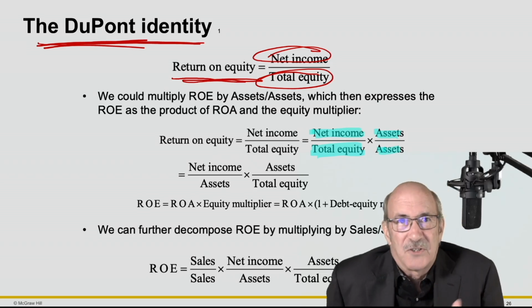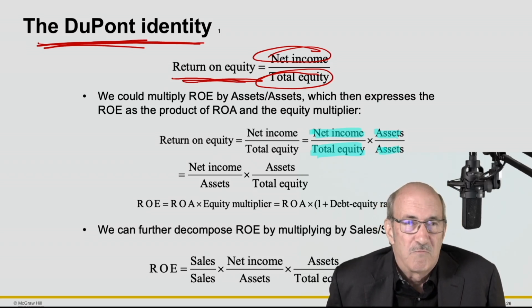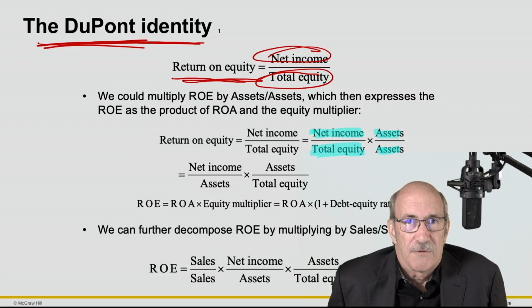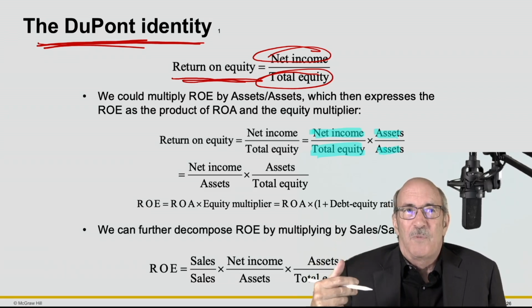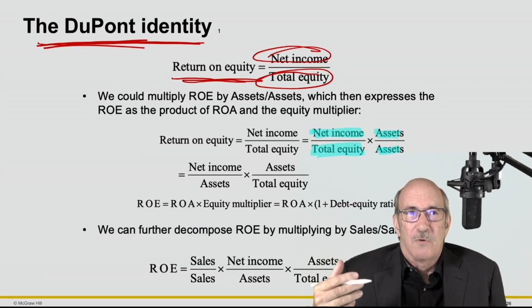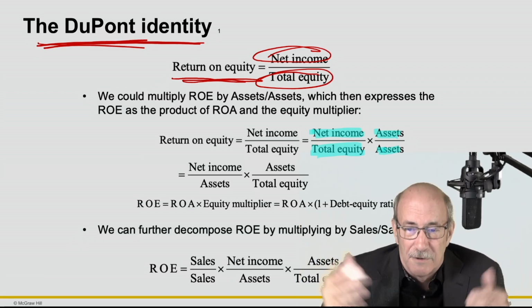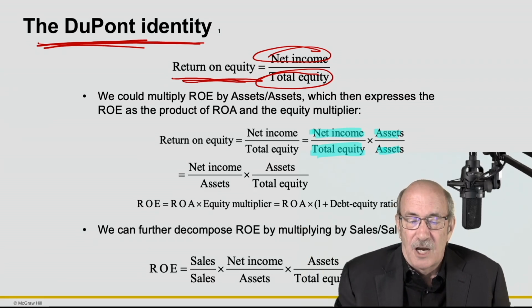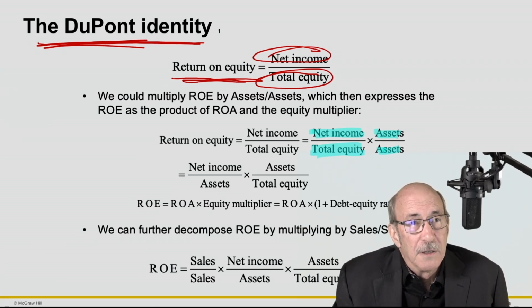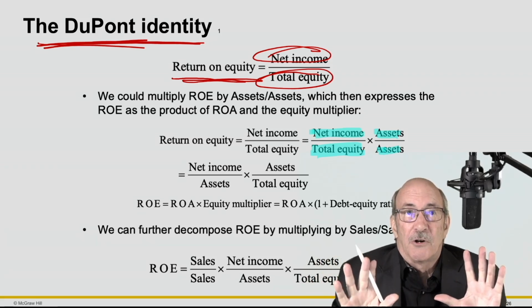Well, what is assets over assets? Let's say assets is $3.5 billion. Okay, so 3.5 over 3.5. What's that equal? Yeah, it's 1, right? Exactly. So we're multiplying this ROE by 1. So we don't change the ROE at all.